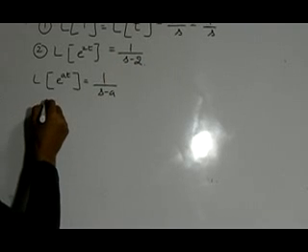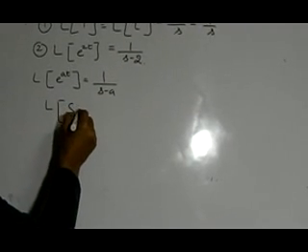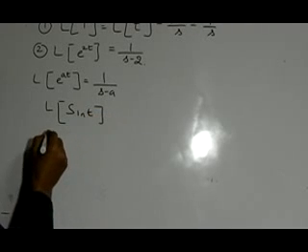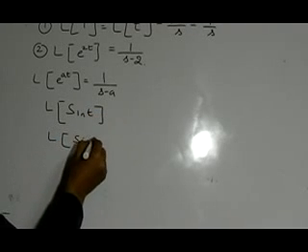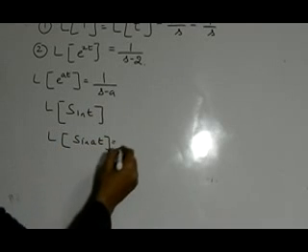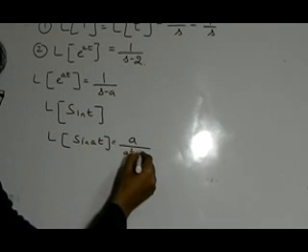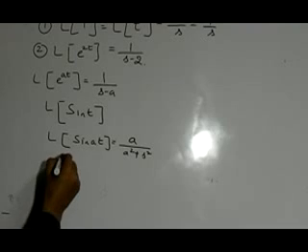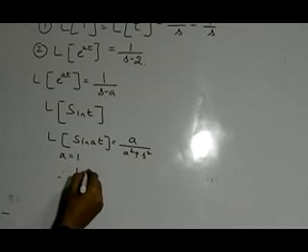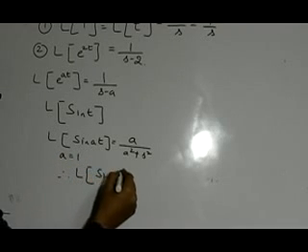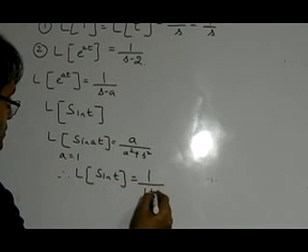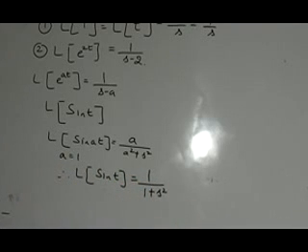Similarly, if somebody asks you what is the Laplace transformation of sine t, we know that the Laplace of sine at is a upon a square plus s square. So here a is 1, therefore Laplace of sine t is 1 upon 1 plus s square. So these are some basic applications of those formulas.